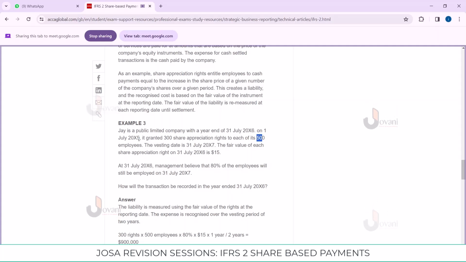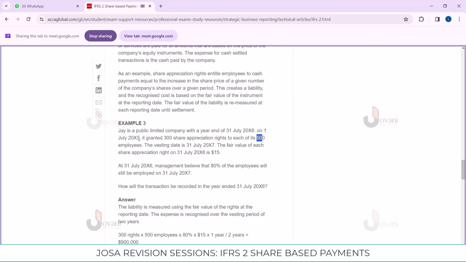This is a service condition. And by the way, the conditions we saw under equity based are the same conditions under cash based. So when we are calculating our expense for the year, we only take into consideration the employees who are going to remain with the company, those who are going to exercise their options.